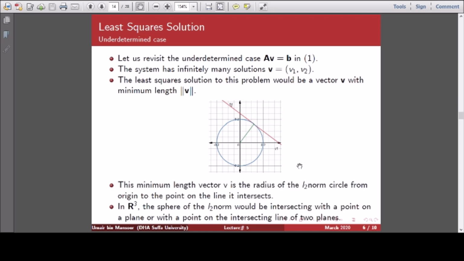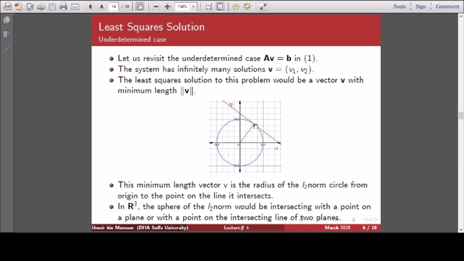So the least square solution in this case would be to find out the vector that has the minimum length or the minimum L2 norm. We have seen that. So when we start increasing the radius of the L2 norm, the first point where it touches this line is the least square solution.